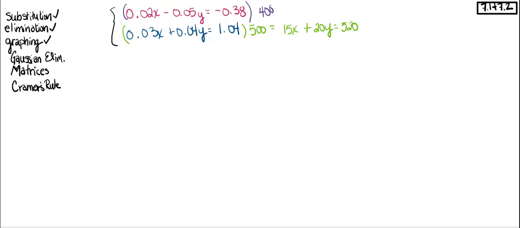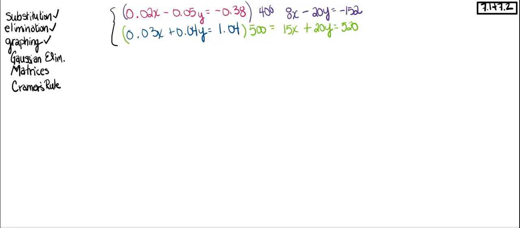Now, I'm going to do the same thing with the top equation. 400 times 0.02 gives me 8x minus 20y equals negative 152 when I distribute the 400 through everything.